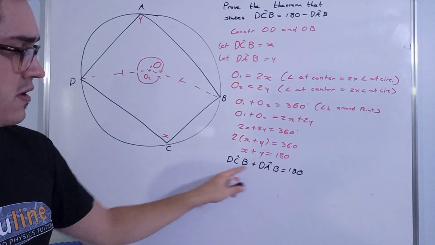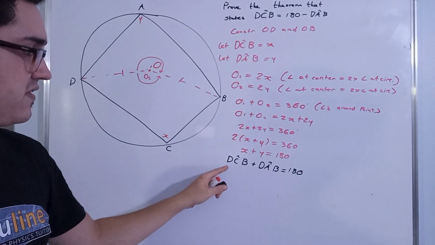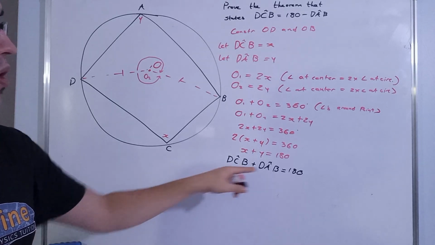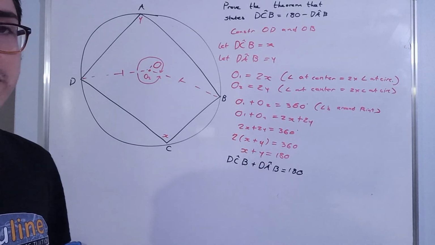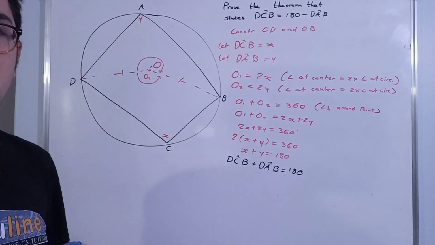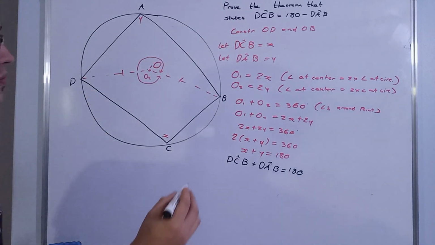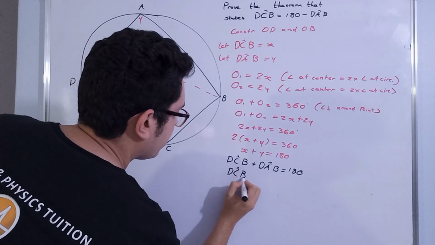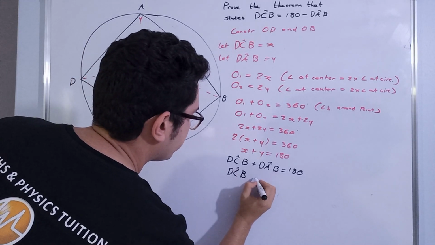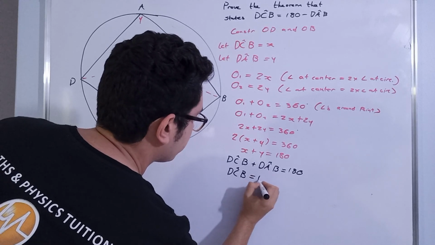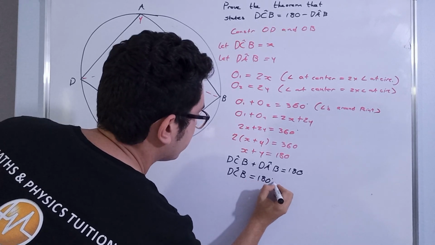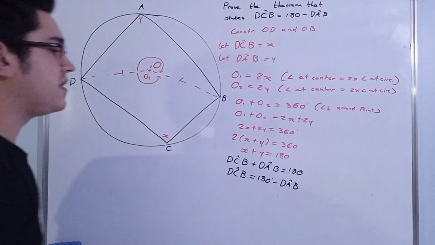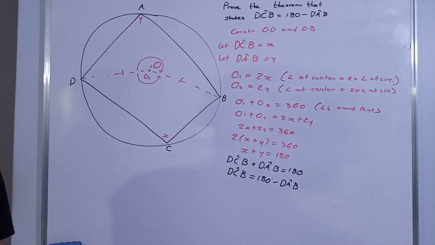Now this statement, DCB plus DAB, is very similar. It also shows that they're supplementary, but what we would do to finish this one off is just rearrange it so that it matches the initial instruction. We bring DAB over the equals, and we say DCB equals 180 minus DAB. At that point, we've proven what we were initially told to prove.